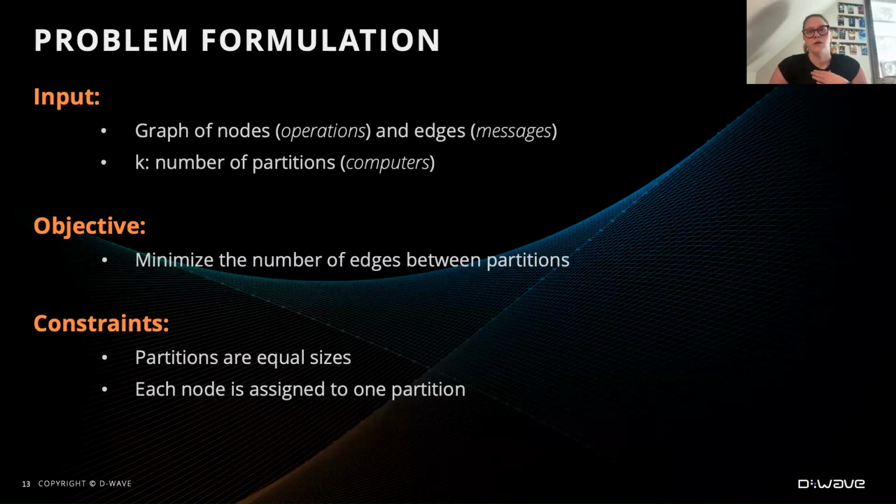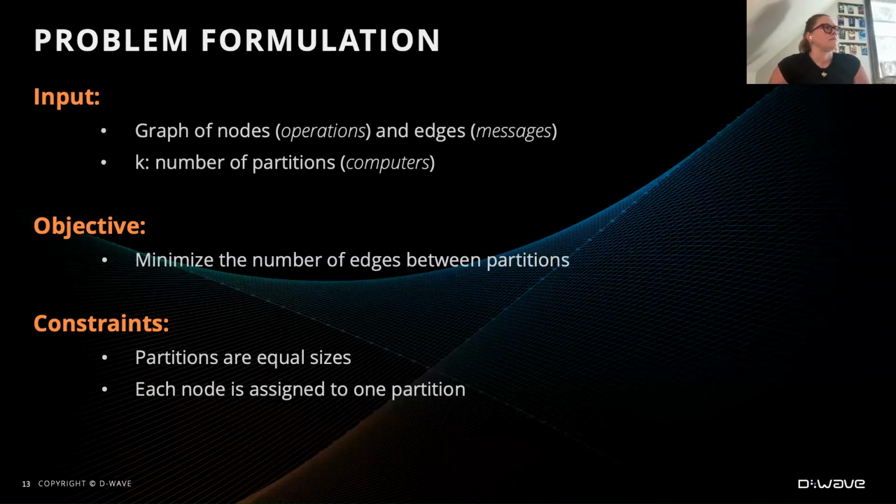Our constraints are going to be that we want our partitions to be equal sizes. We talked about that. We want the computers to be working on the same number of tasks. And we also want that each node is assigned to one partition. So we want to make sure that every task is worked on by a computer.